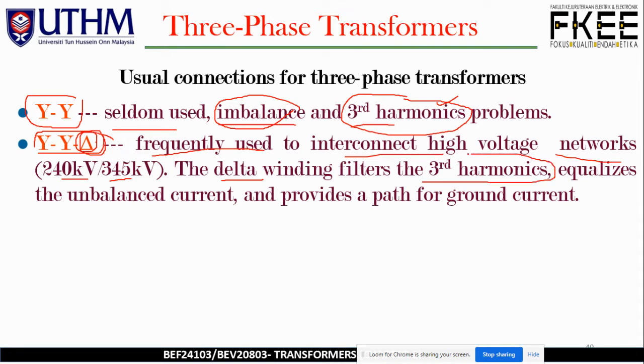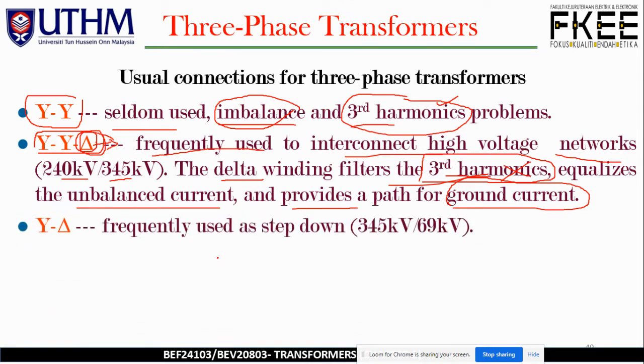This is the function of this delta interconnection. So we may filter out the issue of third harmonics and equalize the unbalanced current. This means we try to stabilize the unbalanced currents between the phases and provide a path for ground current, of course, as a safety measure.